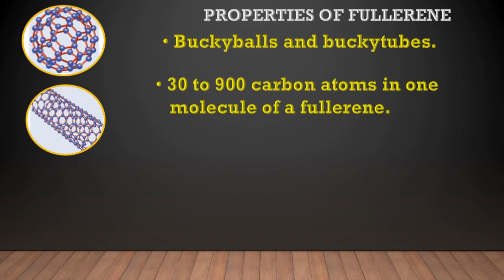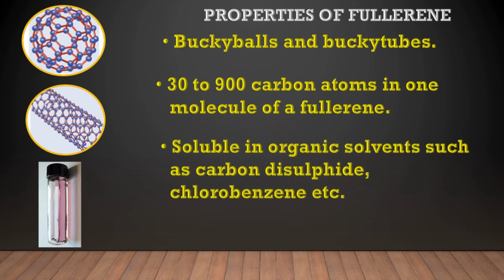The molecule may be a hollow sphere, tube, or many other shapes and sizes. Fullerene is soluble in organic solvents such as carbon disulfide, chlorobenzene, etc. to give a deep purple color solution.